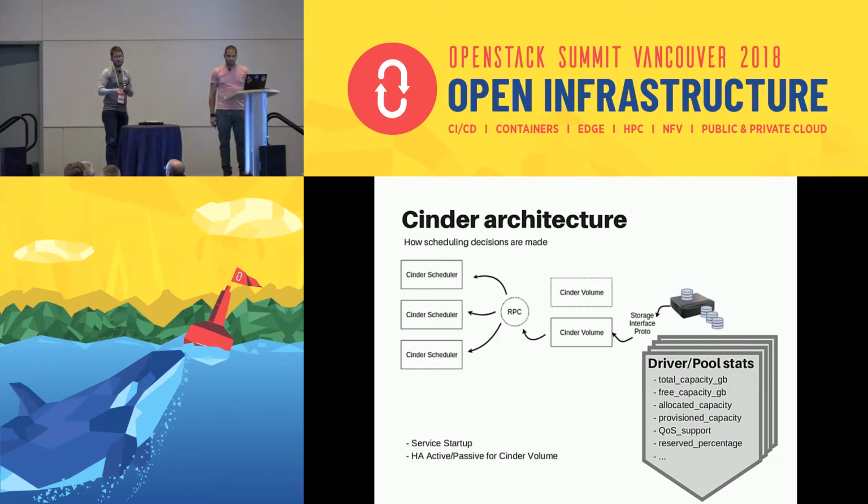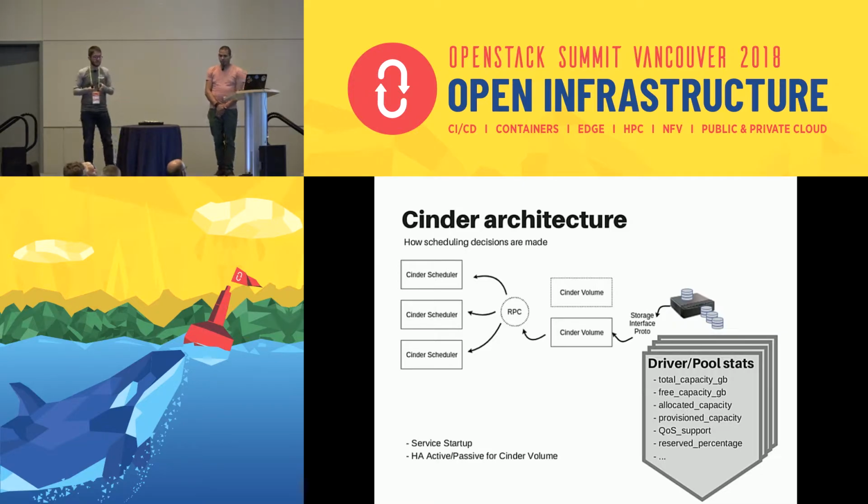So it has information about its total capacity in gigabytes, how much of it is free, which other capabilities it supports. So for example, does it support thin provisioning? Does it support QoS? Which availability zone is it located in?